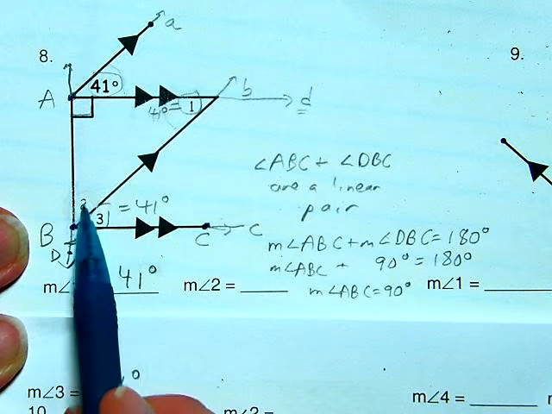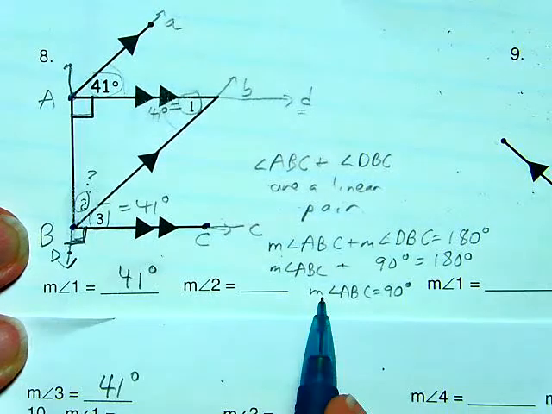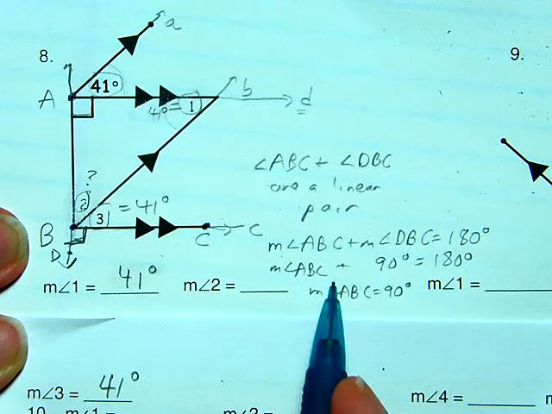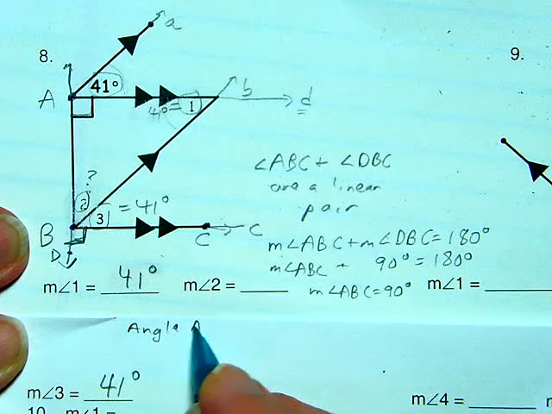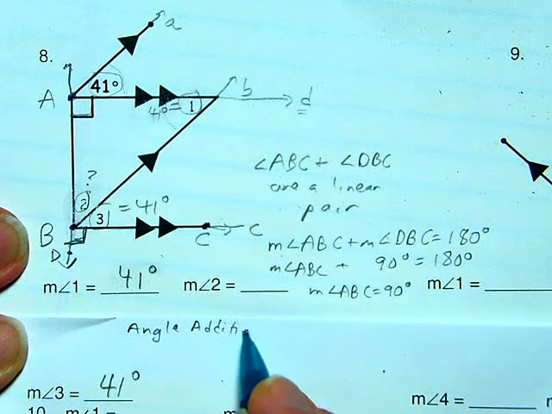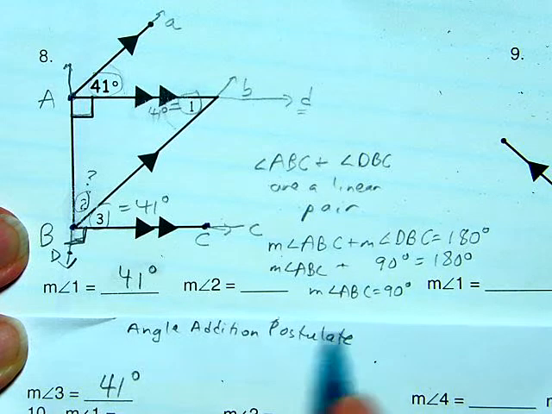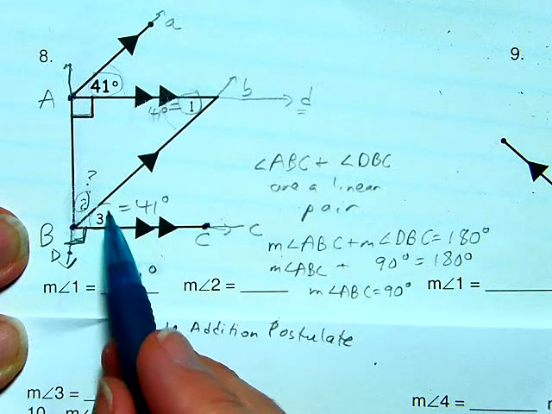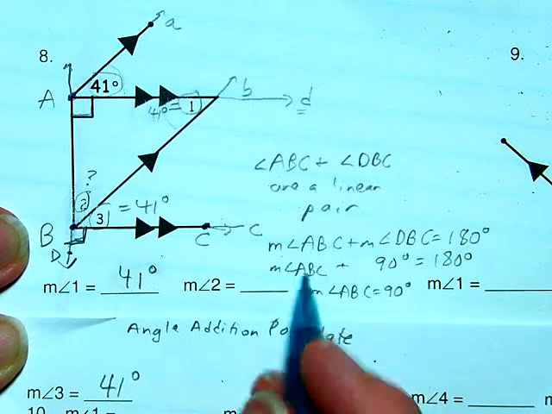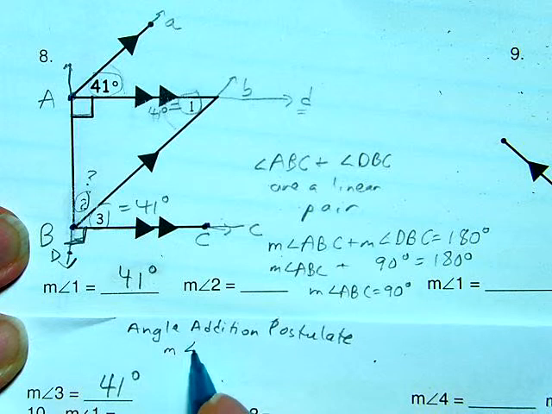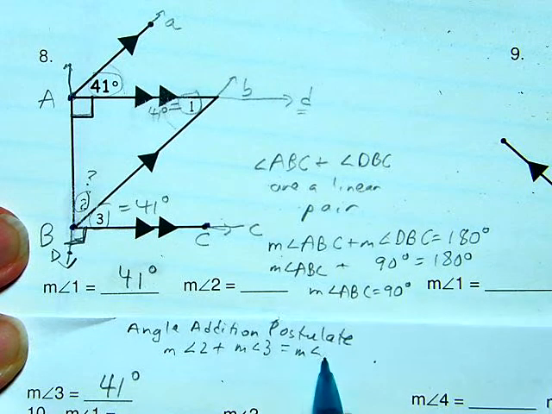But what about angle 2? Well, we know by the angle addition postulate, which tells us that the measure of angle 2 plus the measure of angle 3 is equal to the measure of angle ABC.